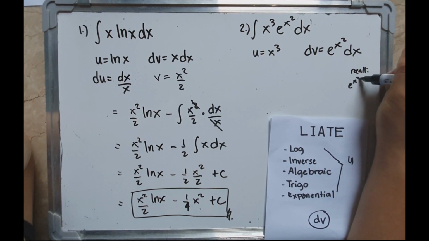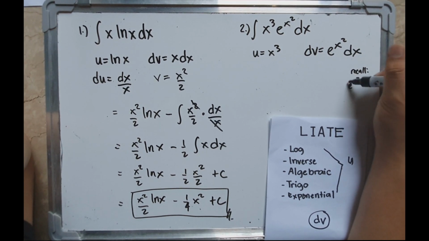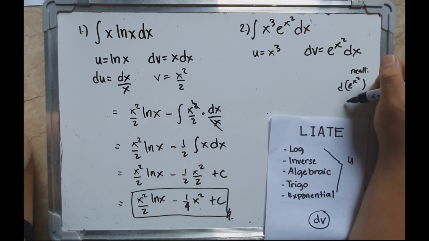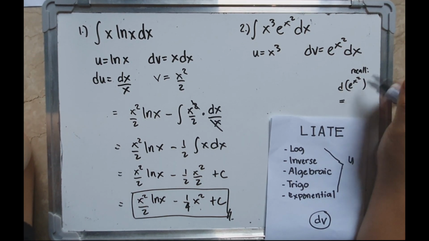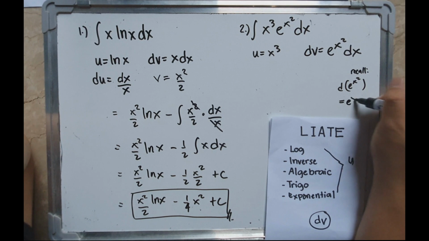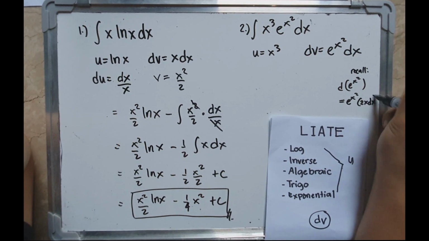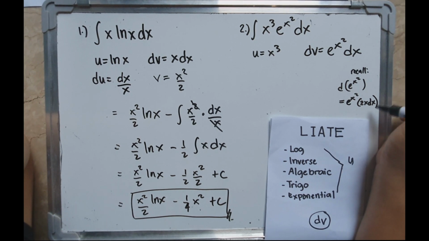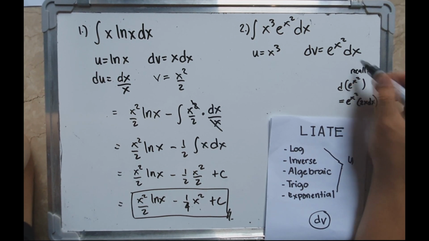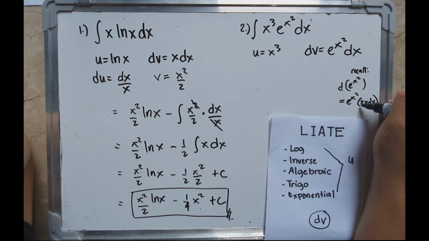E raised to the power of x squared, the derivative of that is e to the x squared times 2x dx. Okay, so we only have dx, we're lacking 2x. We could easily supply the 2.